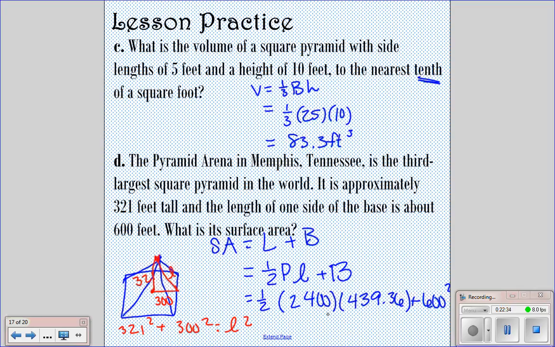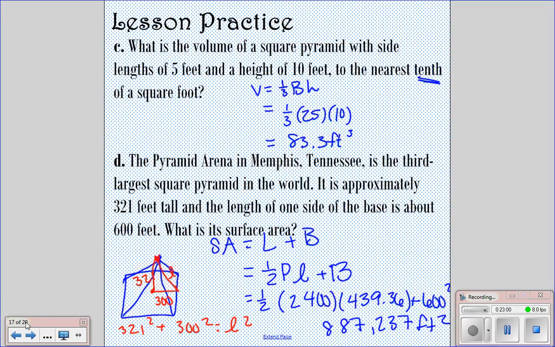And so you should get 887,237. And it didn't tell us where to round. So if you want to leave it like that, you can, or you can put the 0.2 or the 0.18. It doesn't matter to me, but then your units are going to be feet squared. Okay, so that's how you would solve both of those.